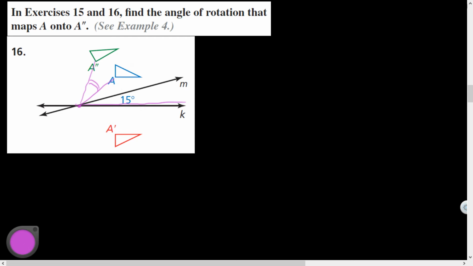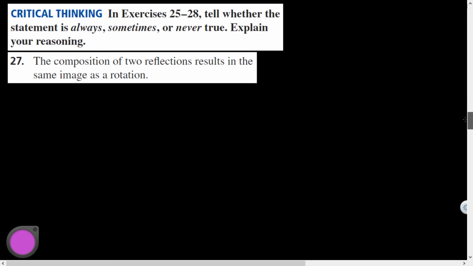All right, okay. So it says, find the angle of rotation that would map this to that one. You're saying 30 degrees? I think you're right. And if we went back and looked at example 4, double reflections we realized could be the same as rotations if they were reflections over lines that intersect one another, which comes into play with this question here.